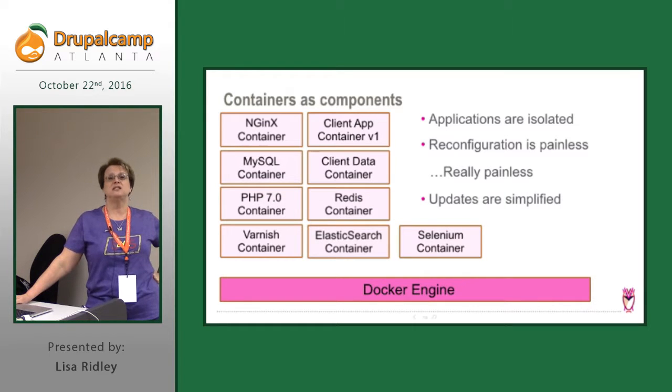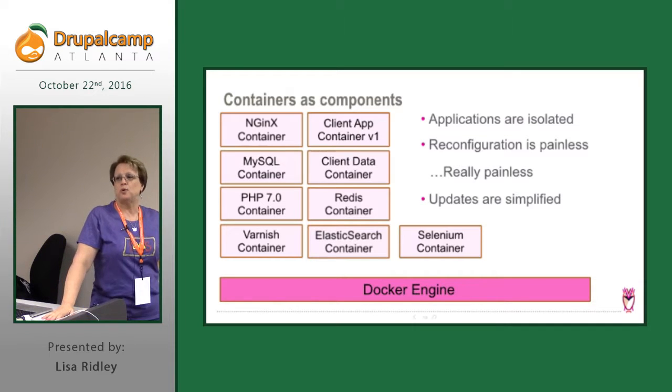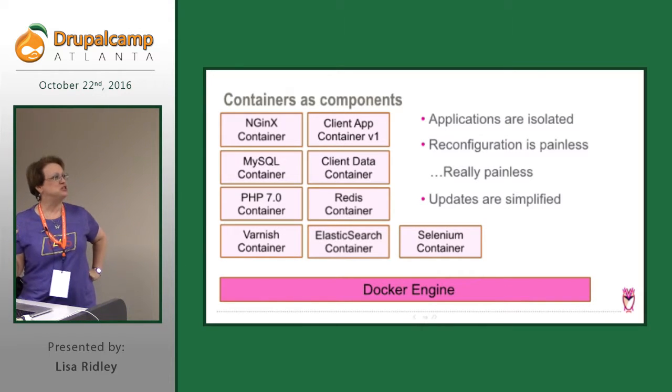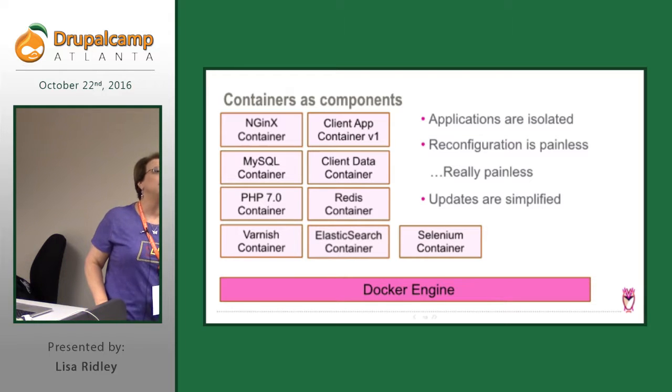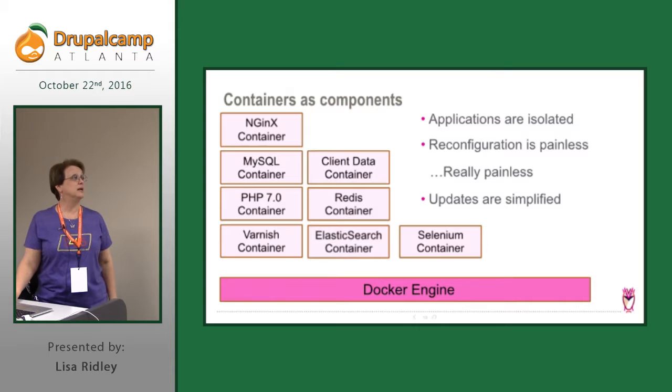Okay. Updates to your client applications are really easy. So we've got our update script for Drupal 7 sites. If you're using a Drupal 8 site, you've got Composer. So you do Composer install or Composer update. Well, who likes to run those on production? I don't. So what you can do is you can take your client application, if you've containerized it and isolated it properly, put it on a staging server, run your update on your container, spin out a new container that's been updated, literally replace your container.